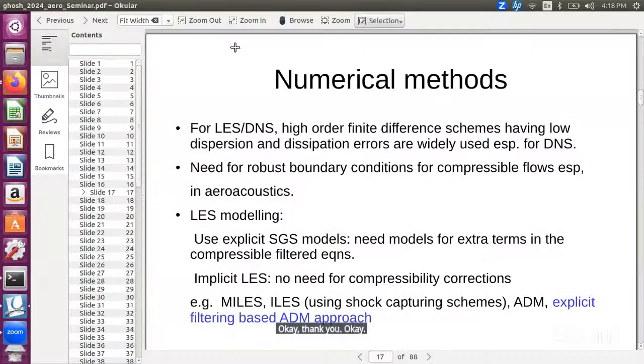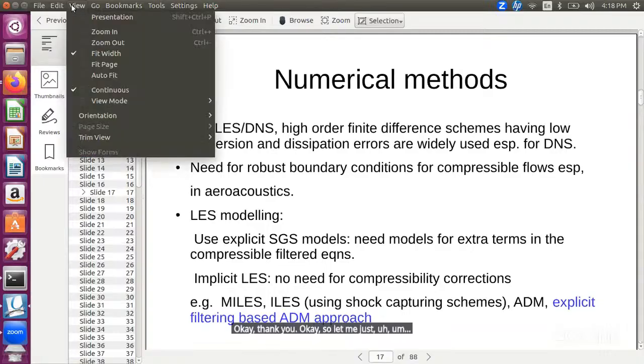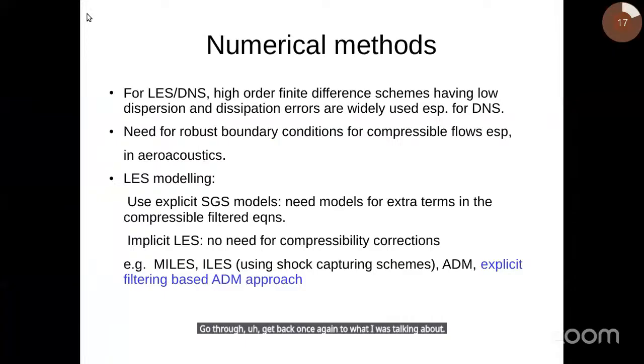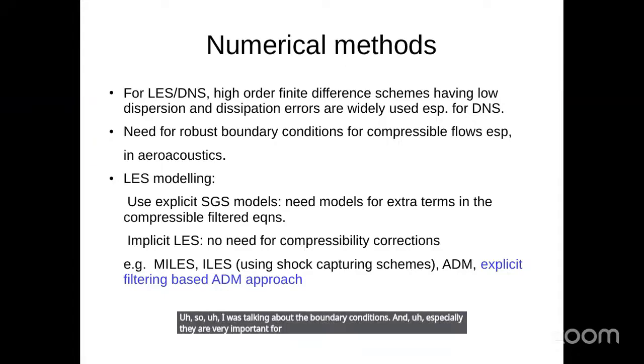Okay. So let me just get back once again to what I was talking about. I was talking about the boundary conditions, and especially they are very important for aeroacoustics.